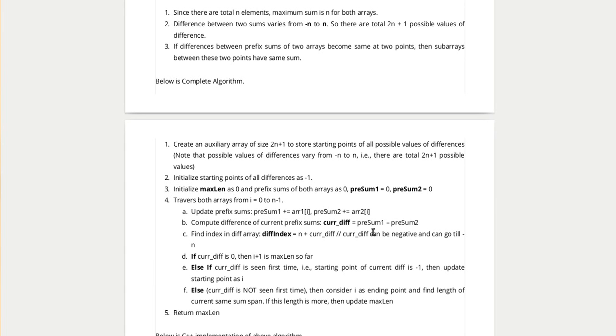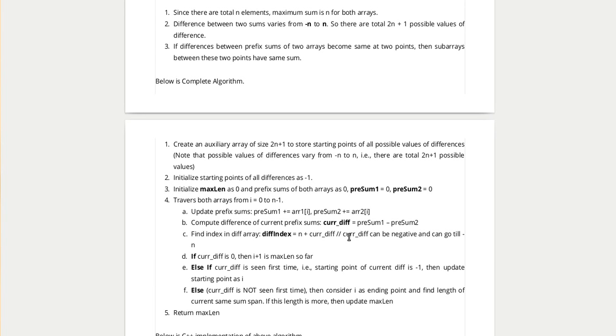If we are at the ith index and the current diff is 0, that means the sum so far is the same. So the maximum length will become i plus 1.